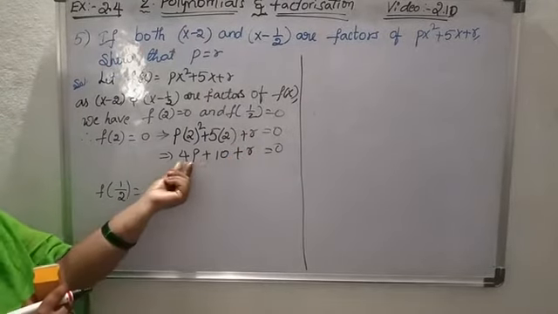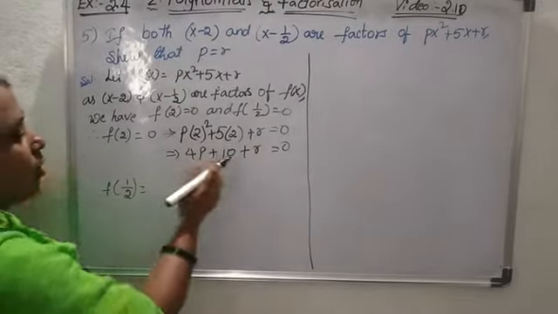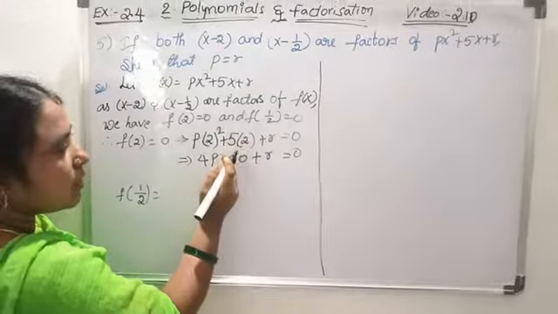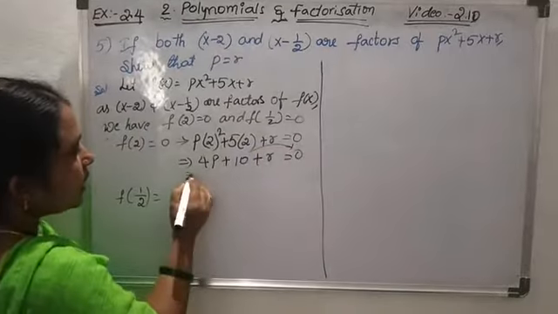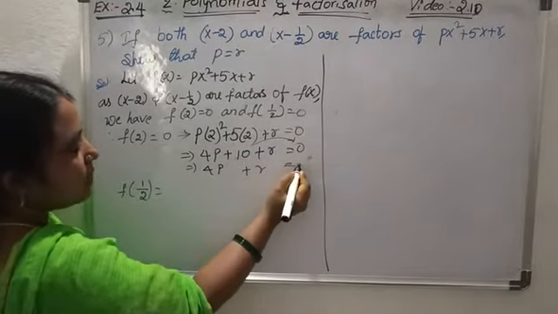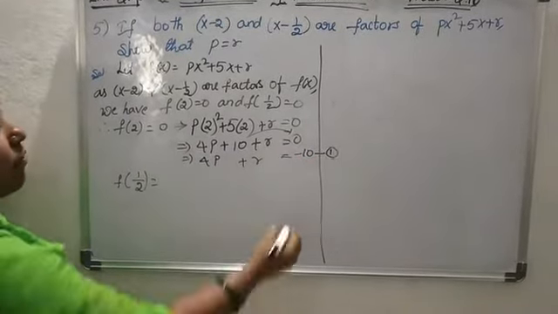Observe here two variables are there in this expression, p and r. Now this is the constant. Shift this constant from LHS to RHS. Then we are getting 4p plus r is equal to minus 10, since plus 10 becomes minus 10 on the other side. Consider this as equation number 1.